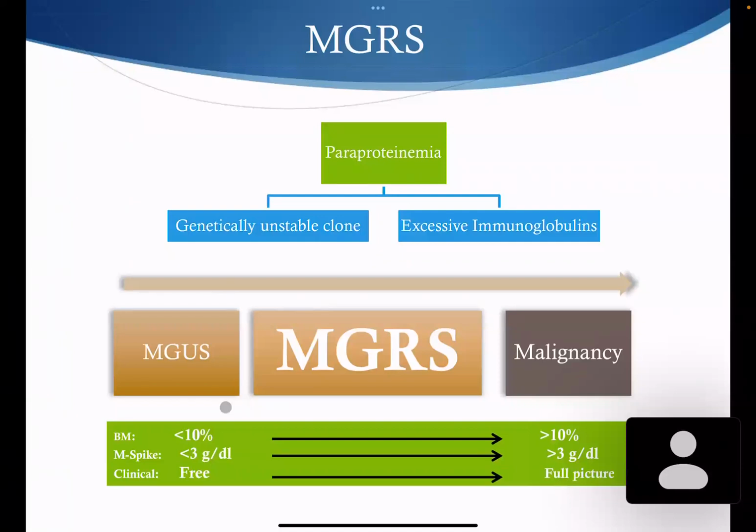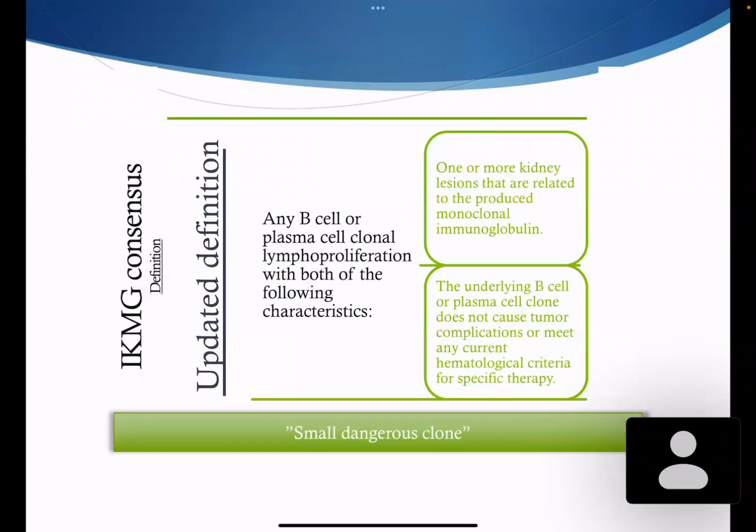In between these is the monoclonal gammopathy of renal significance, which usually has bone marrow plasma cells less than 10% and an M spike of less than 3 grams, but it has some renal affection. This renal affection could be tubular, glomerular, or interstitial. That's what we're going to look for.